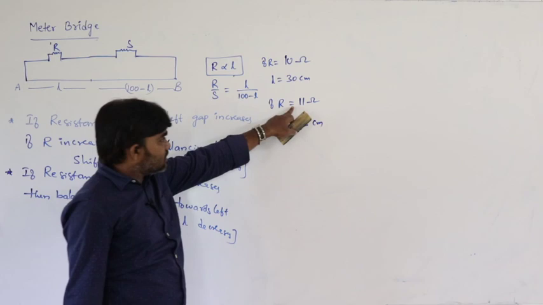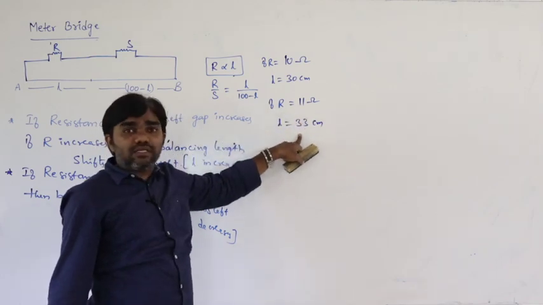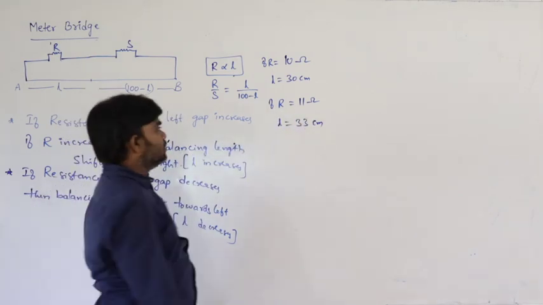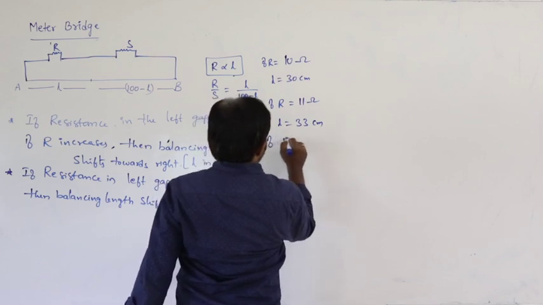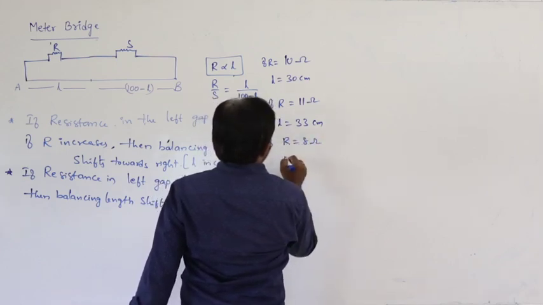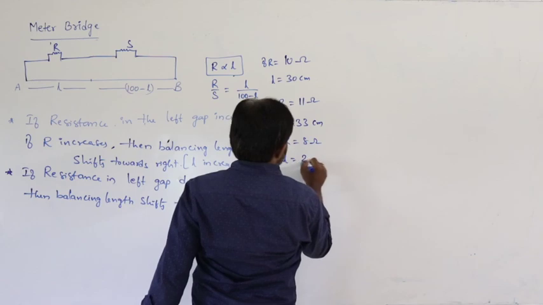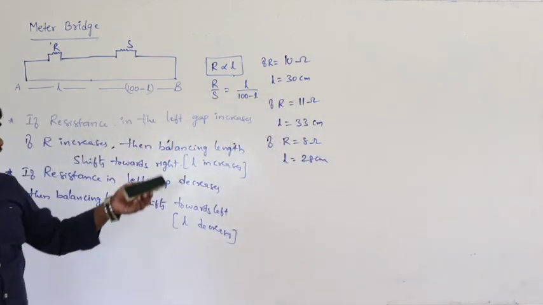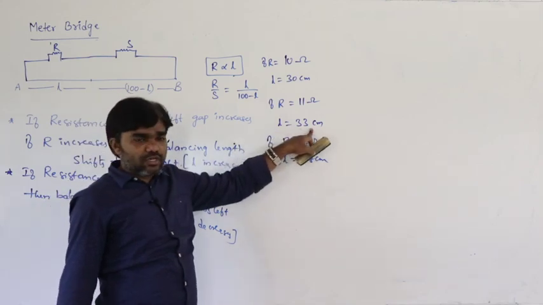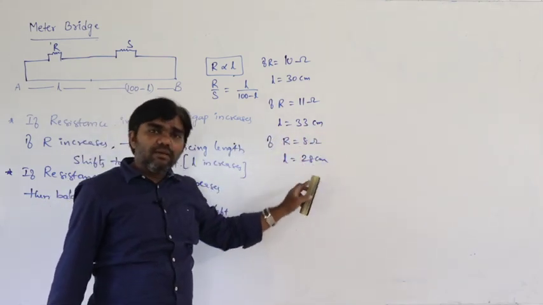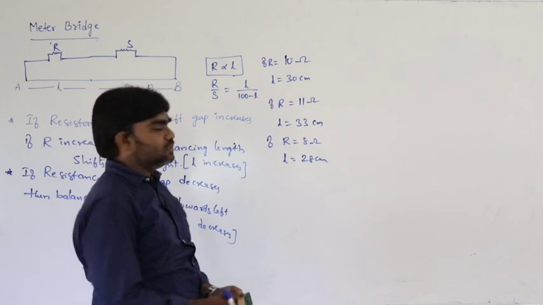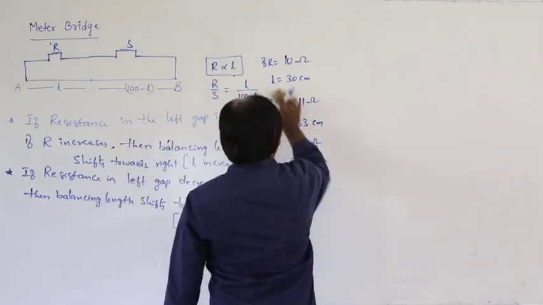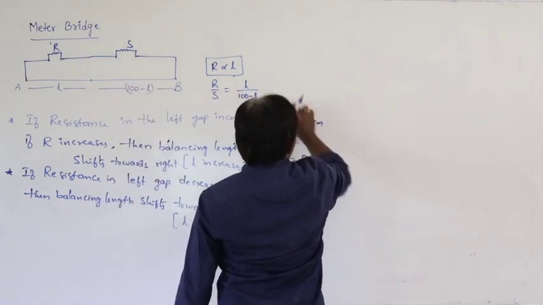That means if the resistance increases, balancing length also increases. Or if R becomes 8 ohms, then L must decrease, let us say 28 centimeters. If resistance decreases, balancing length also decreases. So that is the concept. This is the resistance in the left gap.